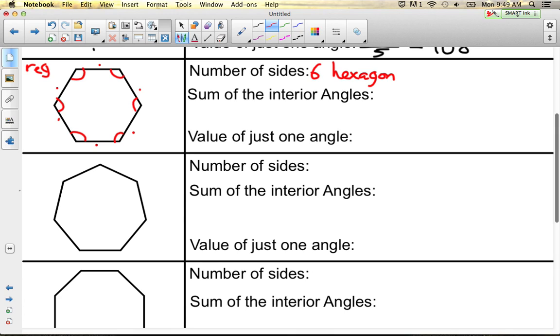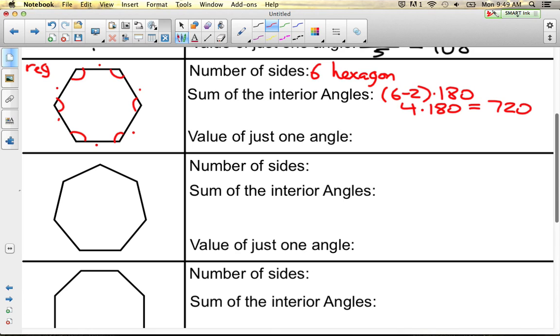The sum of the interior angles, I need to use my formula again, n minus 2 times 180. So that's going to be 4 times 180. 4 times 180 should be 720.